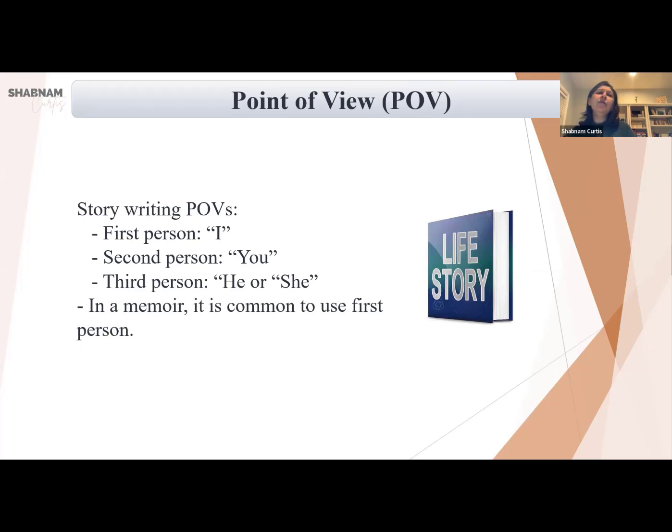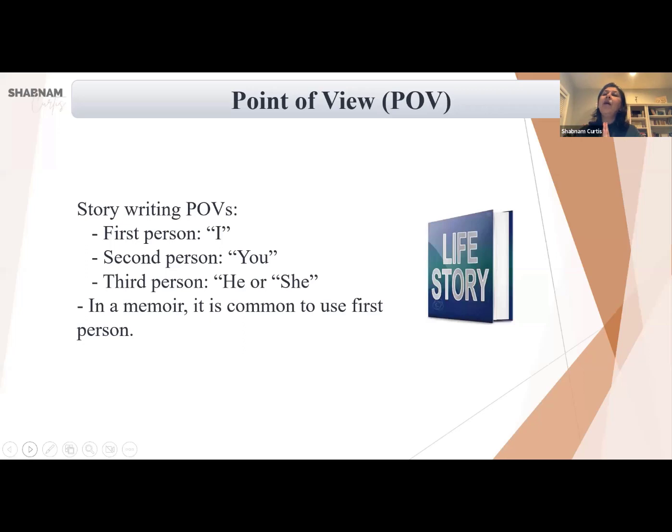I've had people who wrote about their mothers or grandparents, but it still could be from I, because they've been involved, unless it was before they got involved and then after they were born. So that can be a little bit of mix and match, but usually you want to have one point of view.